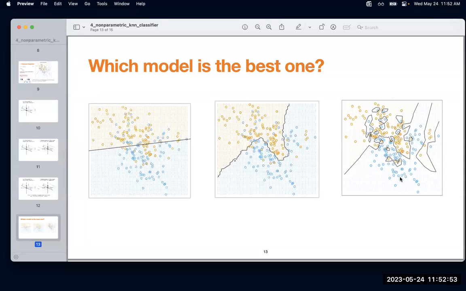That's something very typical to see when you use a small value of k, such as k equals 1. So back to my question, which of those would be the best one? Think about that for a bit.